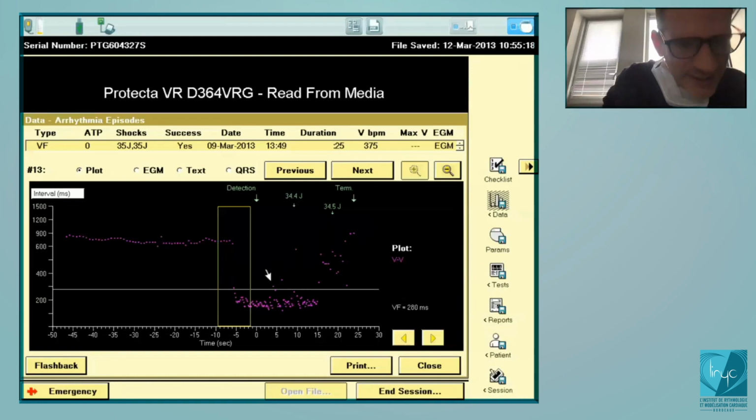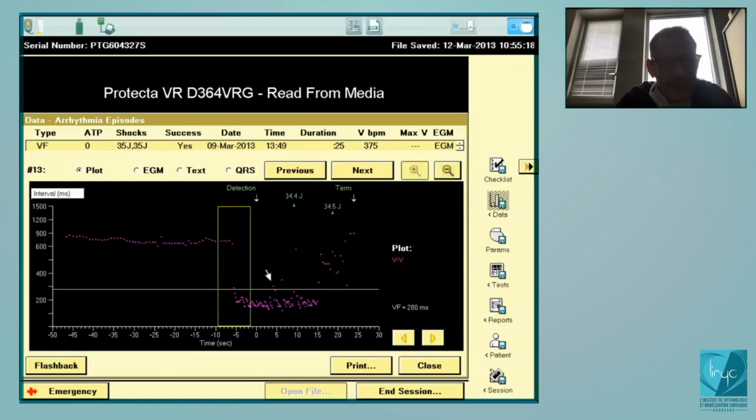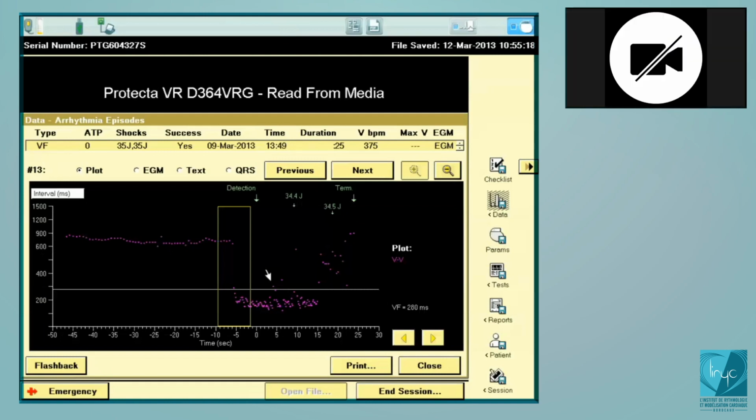When I want to see rapidly if the detection has been correct or not, you see here that there has been a detection of the episode, so no problem. At the end, he will receive his electrical shock, but you see that at least some cycles are probably undersensed here. So what happens then? There is a first shock, and I think maximal shock.